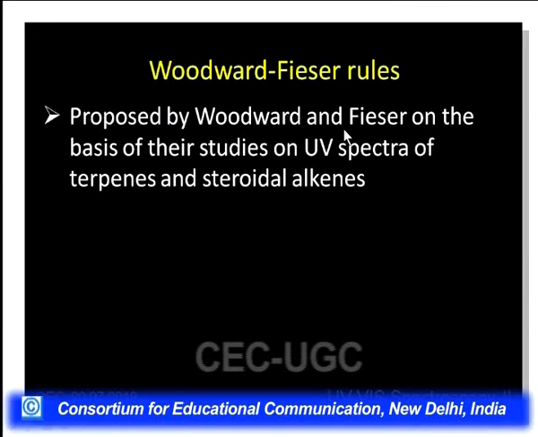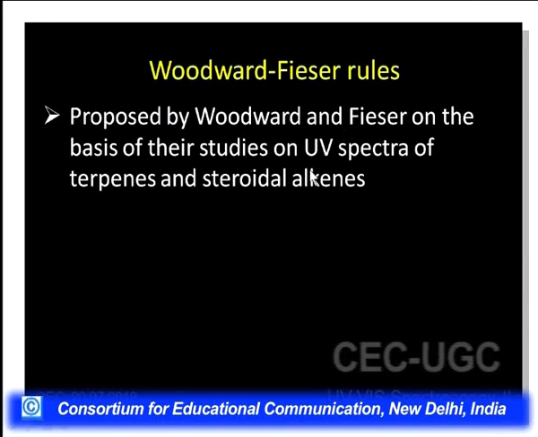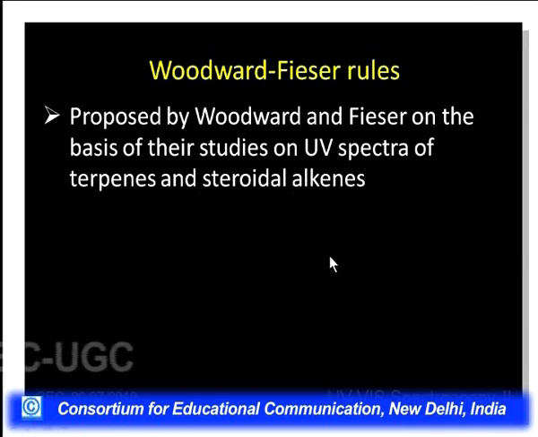This was a very significant contribution of Woodward and Fieser, who worked painstakingly on compiling the UV visible spectra of a wide variety of molecules. These rules were proposed on the basis of their studies on UV spectra of terpenes and steroidal alkenes particularly.